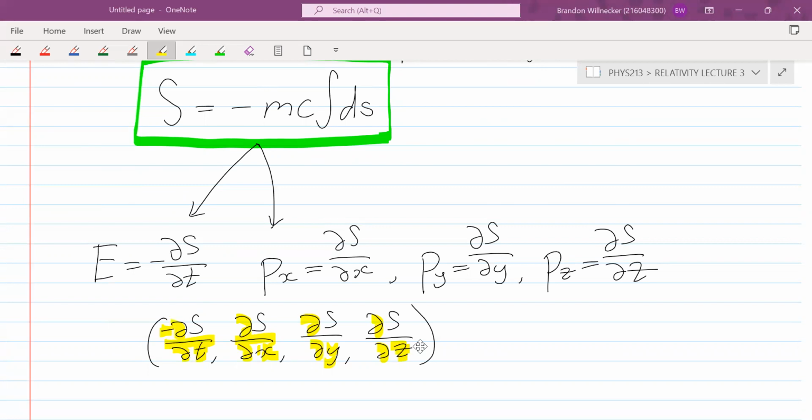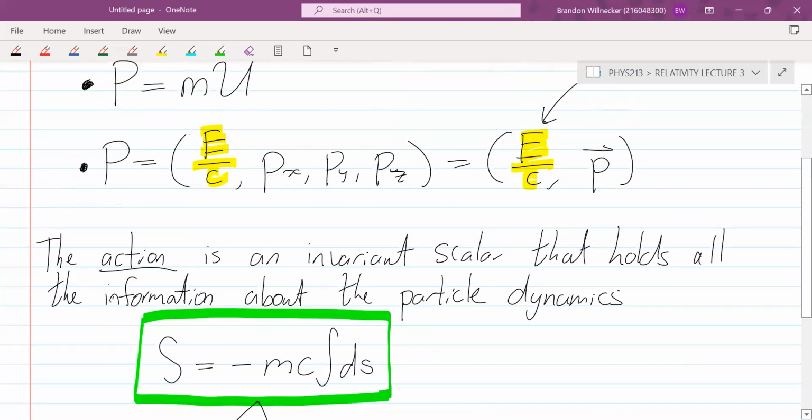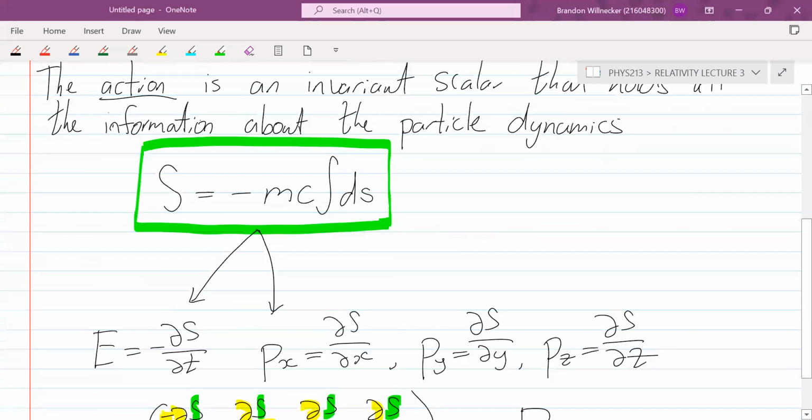However, we just add it all together because that's how we combine space and time, and we see that all of them just act on S. Then if we define this to be the 4 momentum, capital P, and put all the components together, we see why this first term here is E over c.